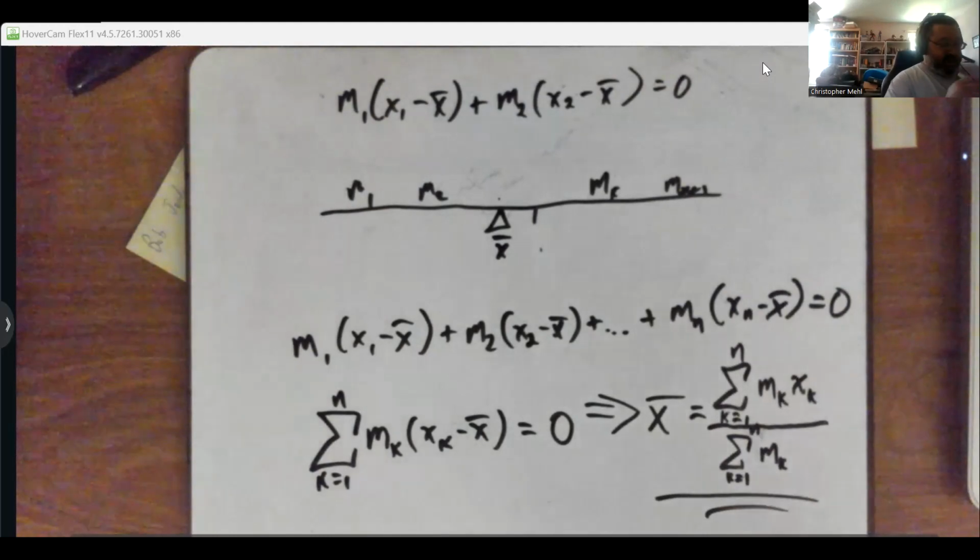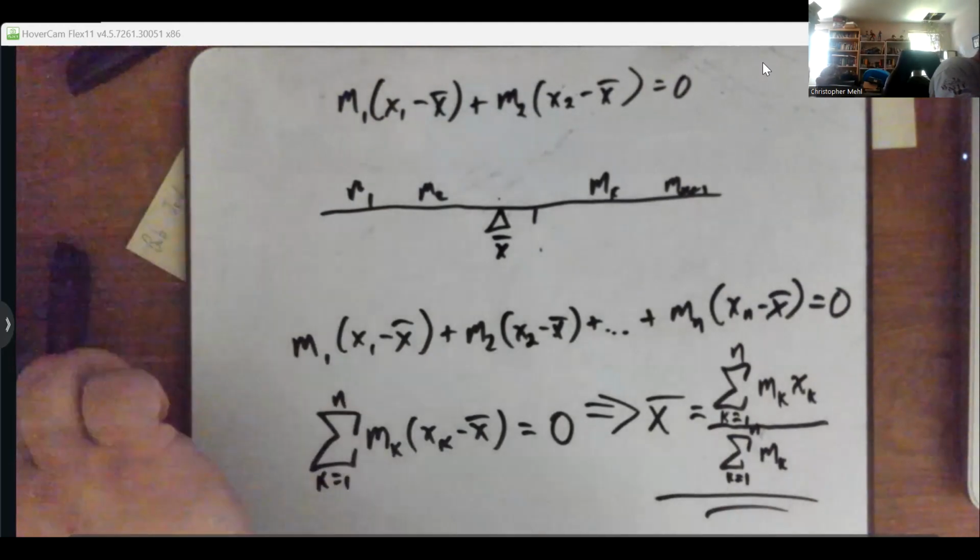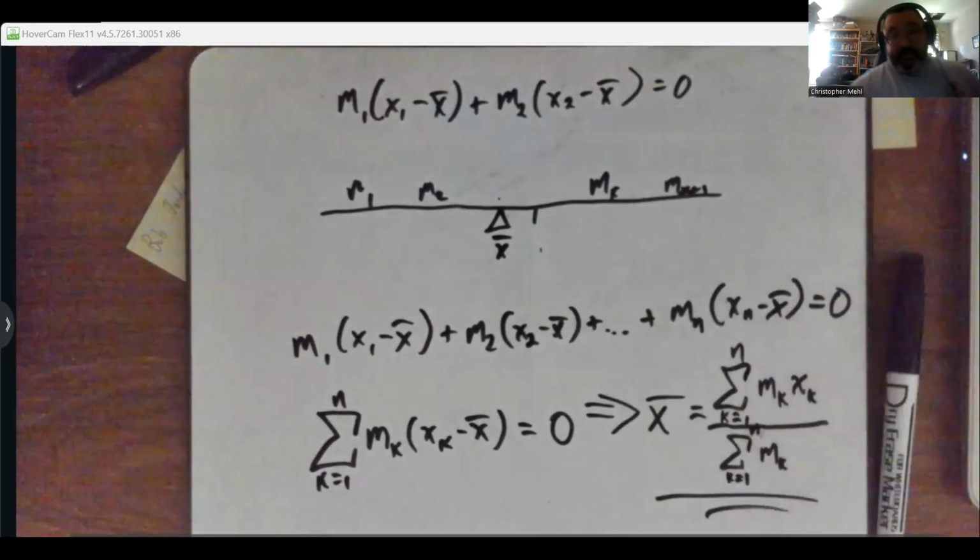And that is your center of mass for n objects.